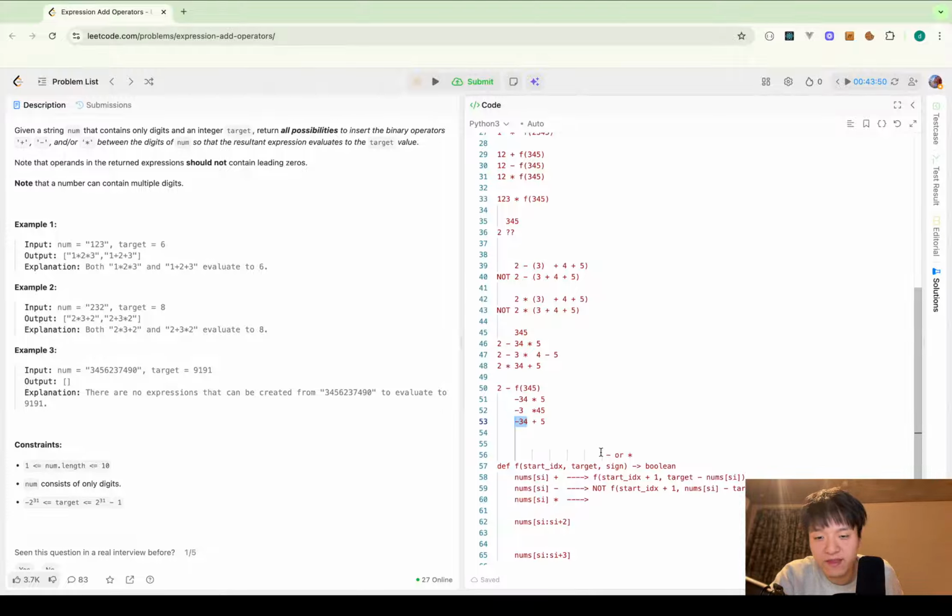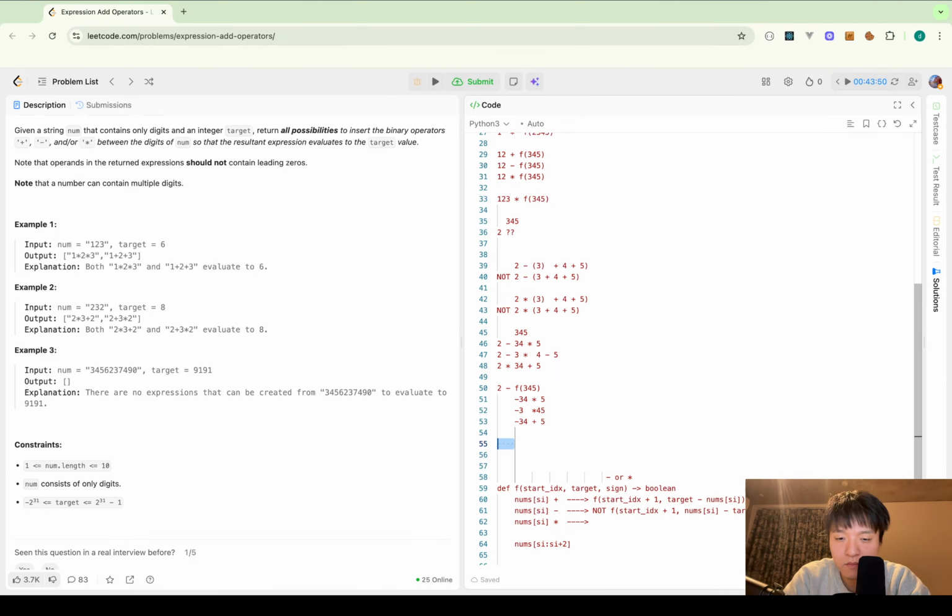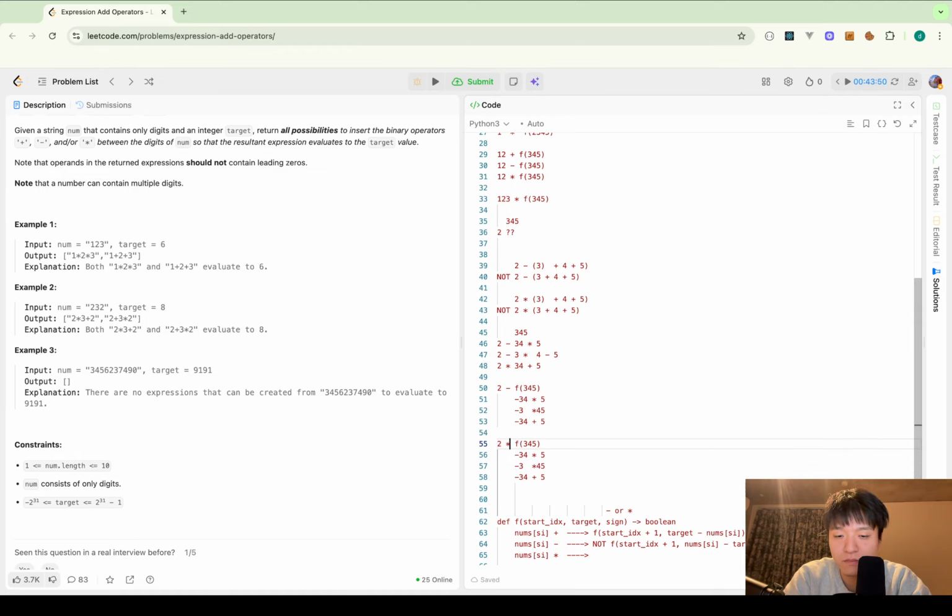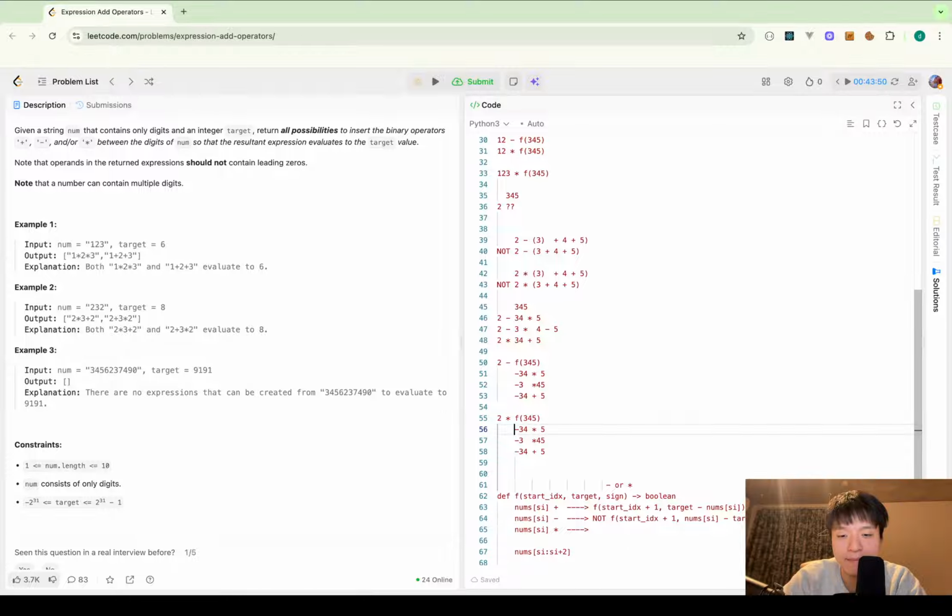So if I pass this sign, the following one can use this negative for the first chunk and continue the recursion. So in the case of multiplication, it totally depends how many chunks I should take.